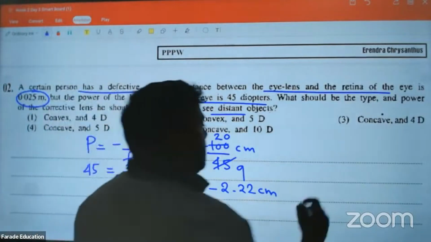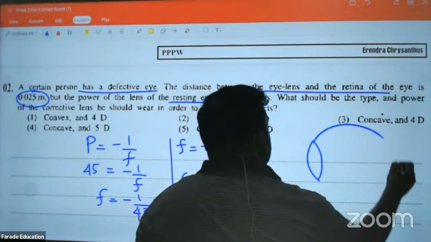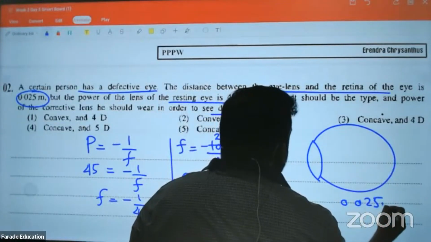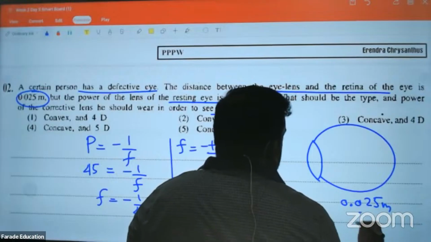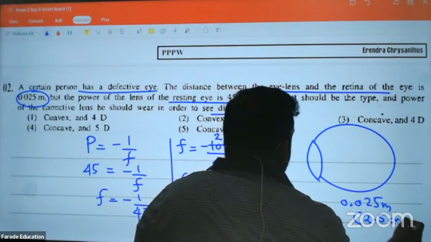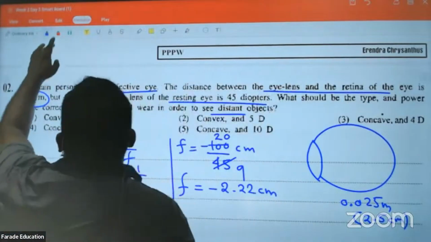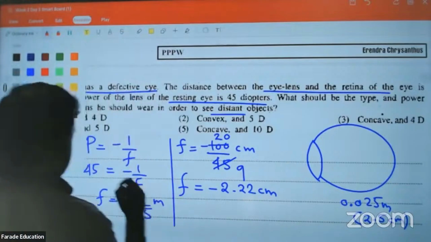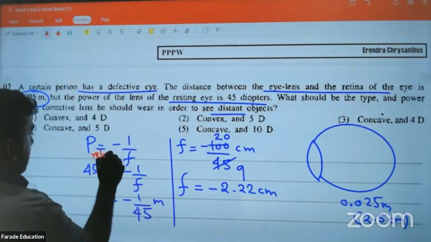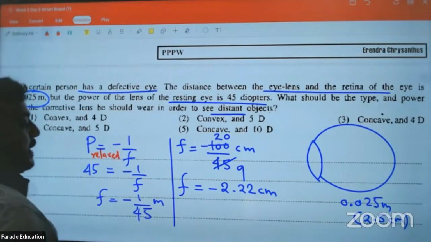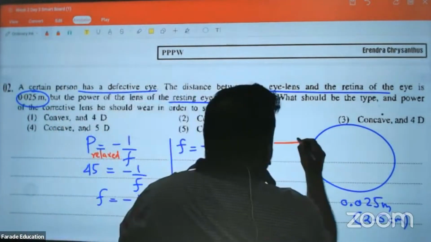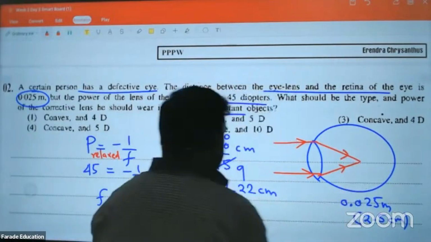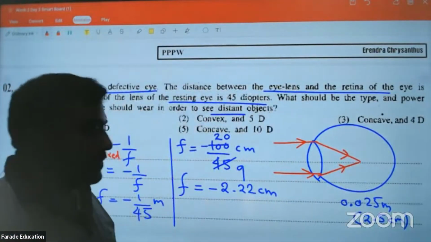This is for far vision. The distance here, 0.025 meters, is about 2.5 centimeters. But light rays coming from infinity, for the relaxed eye, will converge exactly in front, at 2.22 centimeters.